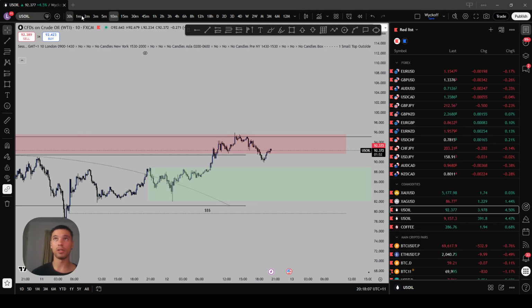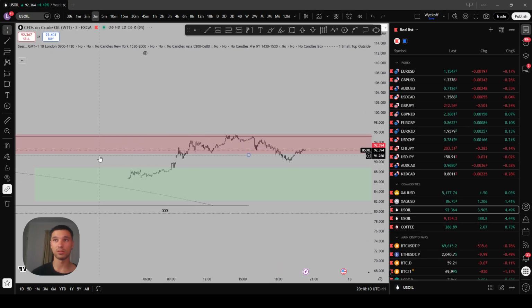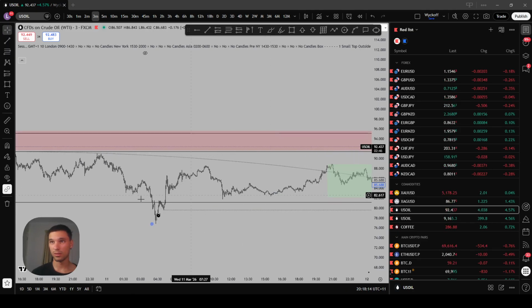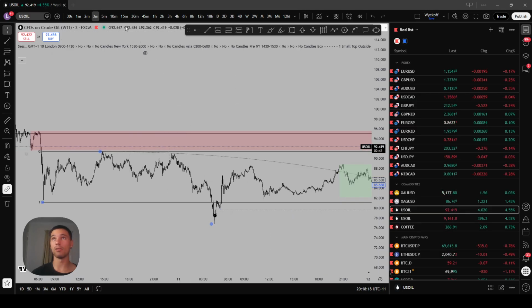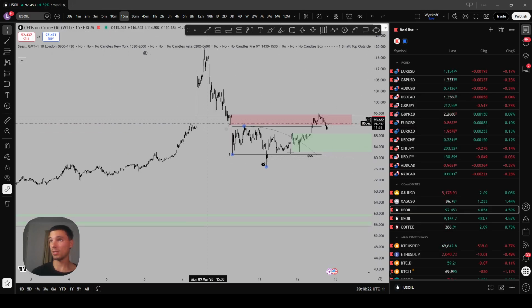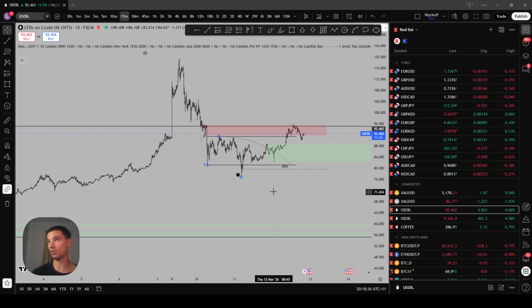Didn't grab extreme liquidity. Didn't really grab extreme demand either, so it kind of front ran our POIs. So as much as this has completed itself, it would not have been a good entry.